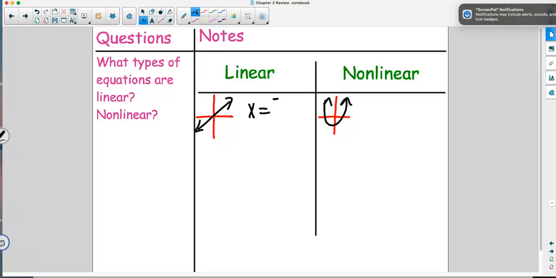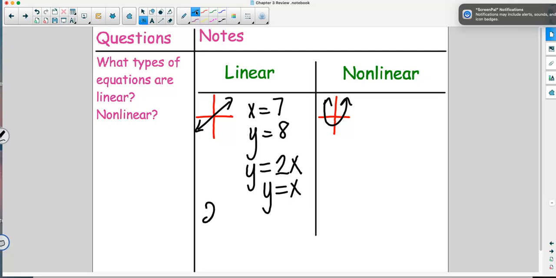X equal to a number is linear. Y equal to a number is linear. Y equals a number times X, or even Y equals X are both linear. You can have your X and Y hugging numbers. Y could be alone.